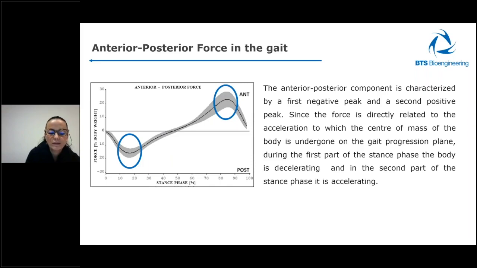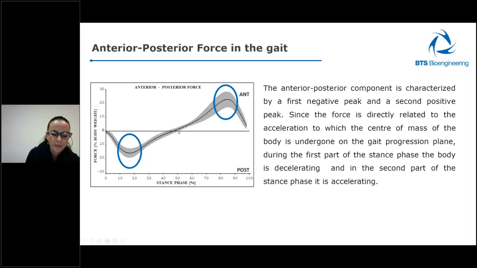Taking into account that the force is directly related to the acceleration which the center of body mass is subjected to, since we know that force is equal to mass times acceleration, we can say that when the foot comes into contact with the ground to start the gait cycle, and during all the first rolling of the foot around the heel, the center of mass undergoes a deceleration along the anterior-posterior direction.